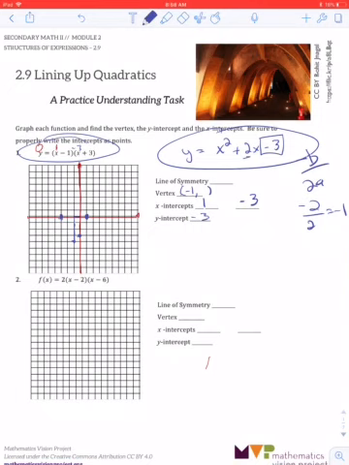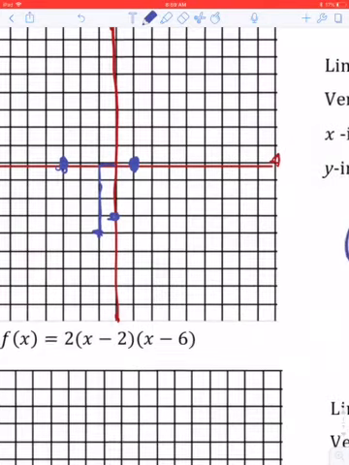I could plug it into this, or I could plug it into this, and either way it's going to give me the same thing. So let's just plug it into factored form, so negative 1 minus 1 times negative 1 plus 3, and this is going to equal negative 2 times 2, and sure enough, like we kind of suspected, the y value is negative 4.